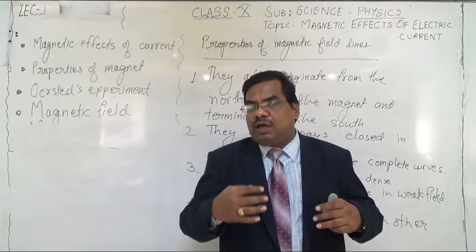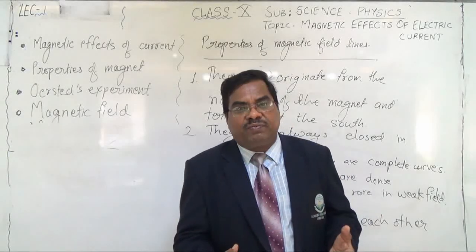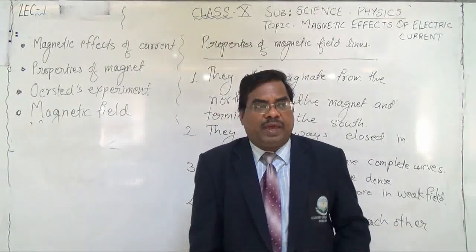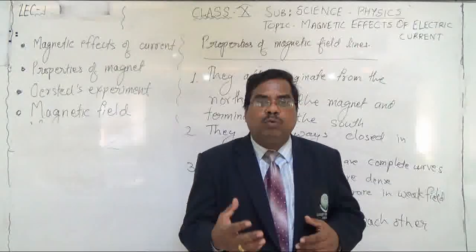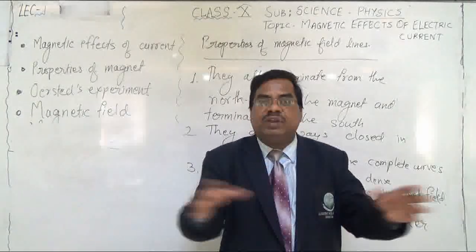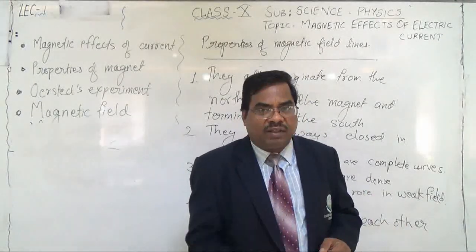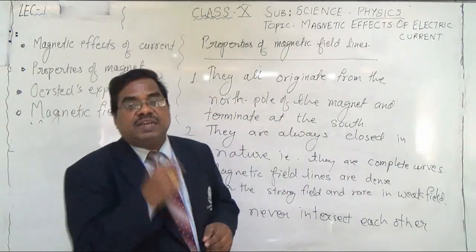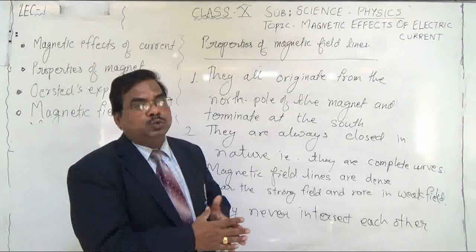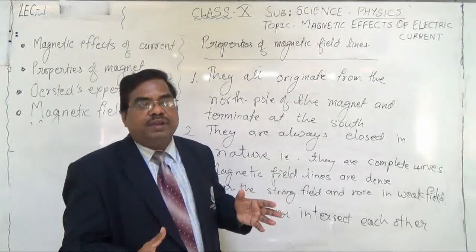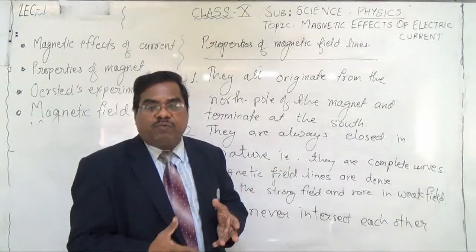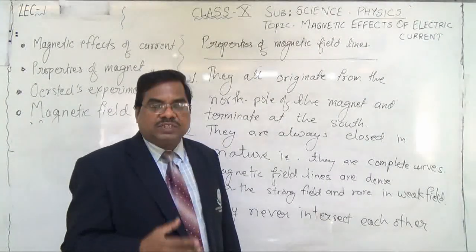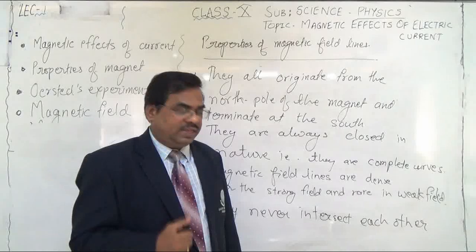Now we understood what a magnetic field is with the help of magnets. Every magnet has a region around it, called a magnetic field. Then we studied that if iron particles are sprinkled, they arrange themselves in one particular shape where lines are formed, and those lines tell the direction of the magnetic field lines.